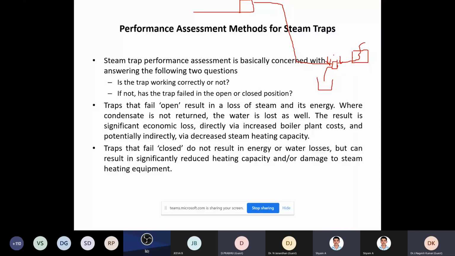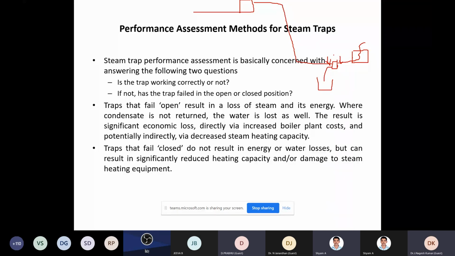Also, the steam trap can fail by being open always. Whether it is steam or condensate, it is letting everything through, and then there is a loss. There is steam that is continuously carried away along with the condensate. The other failure is being completely blocked, closed. Whether it is steam or condensate, it is not allowing anything through.